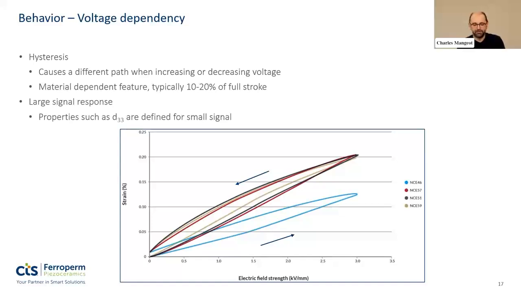Right, and the field strength is actually, well, it's not something that you have access to in many cases for the actuator, because we designed the actuators with a certain internal layer thickness, and that defines the field strength. So the voltage applied divided by the internal layer thickness.